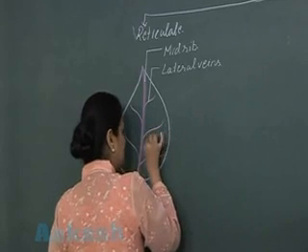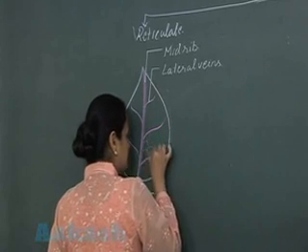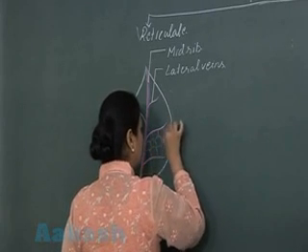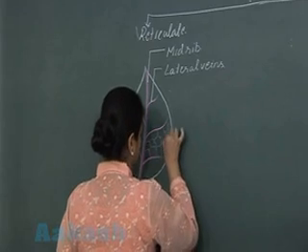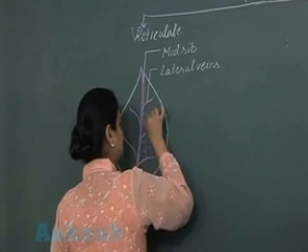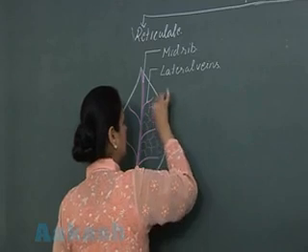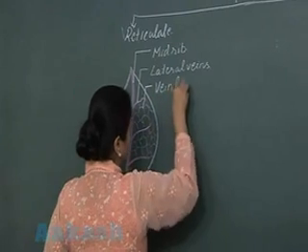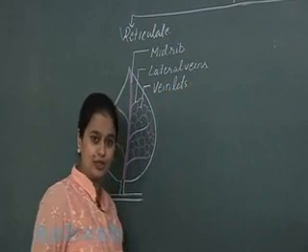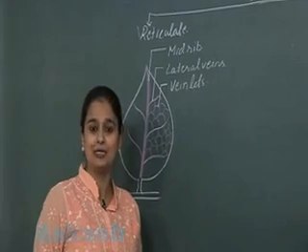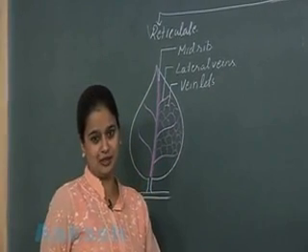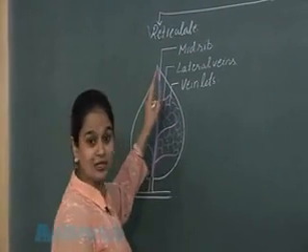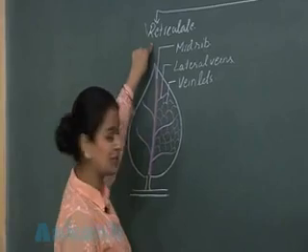So you can see here, these are the veinlets, and they are forming a network, and another name for the network is reticulation. जो नेटवर्क का दूसरा नाम है that is reticulation. That's why this category of venation is known as reticulate type.